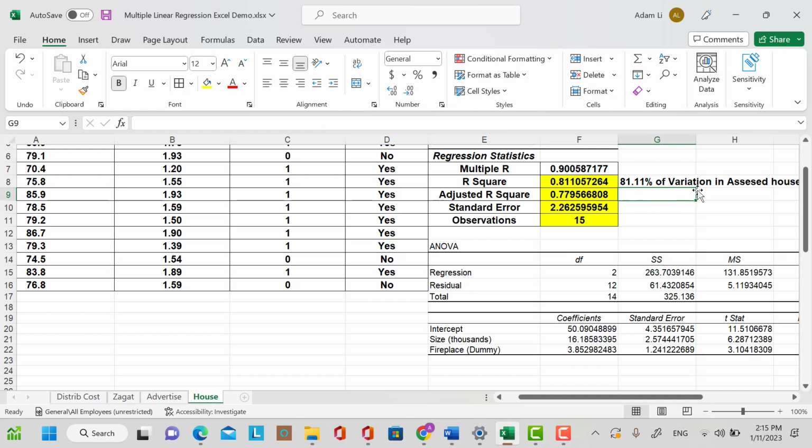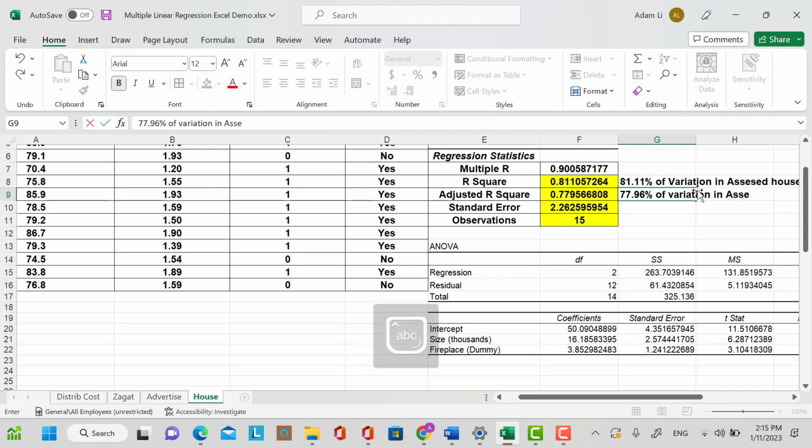By adjusting for the number of independent variables and the sample size, 77.96% of variations in assessed house value is explained by size of the house and fireplace, taking into consideration the sample size and the number of independent variables used.